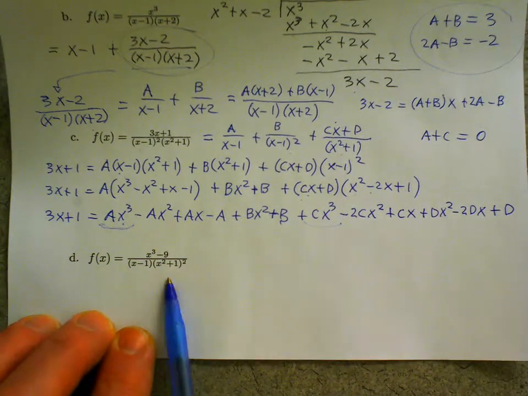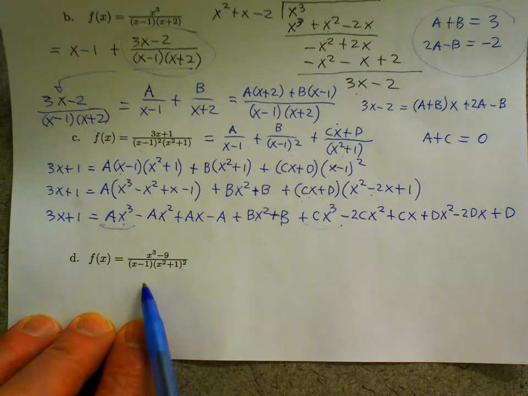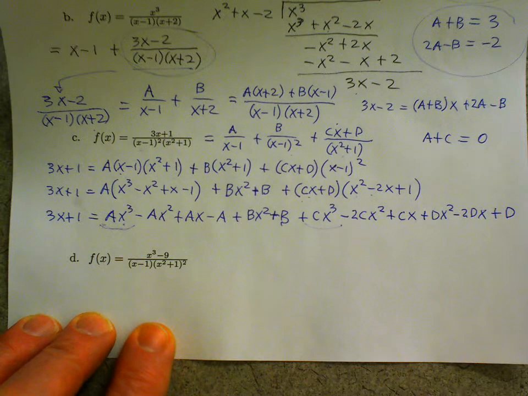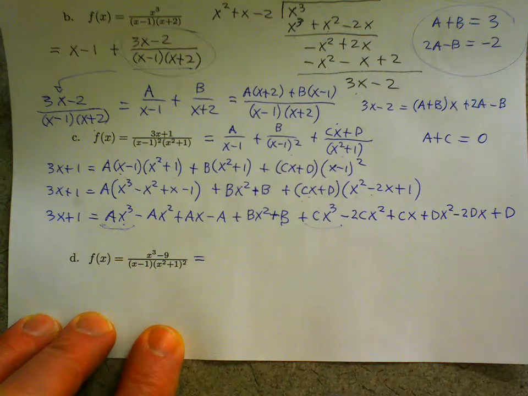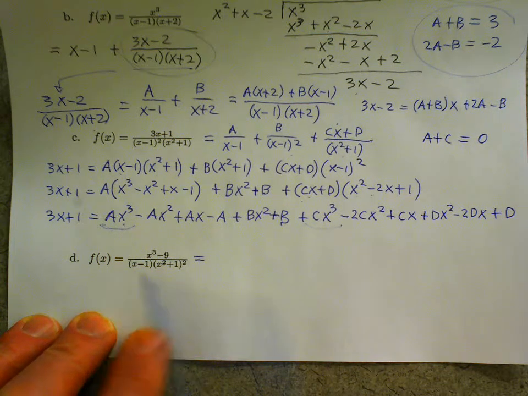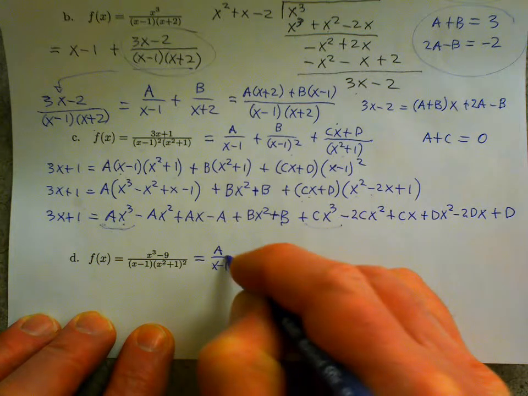Okay, for this one, we have degree 3 in the numerator and degree 5 in the denominator. So the partial fraction expansion, there's one linear factor, x minus 1, so we have a over x minus 1.